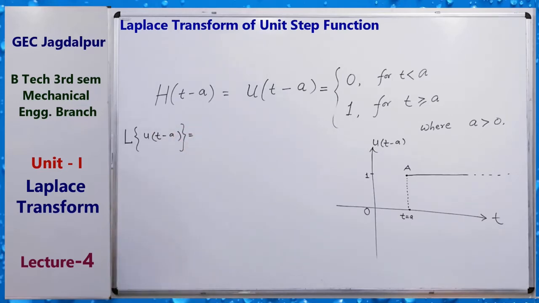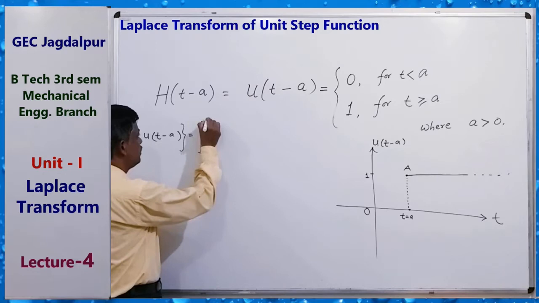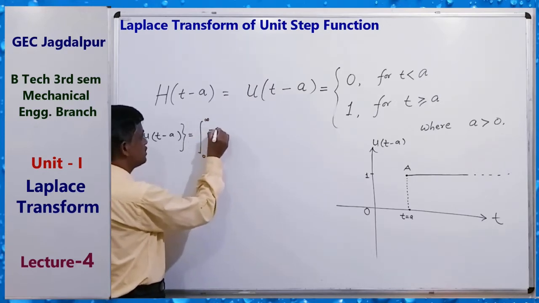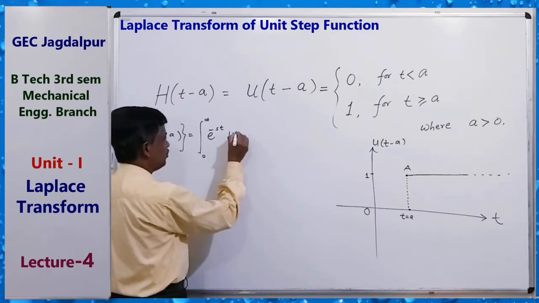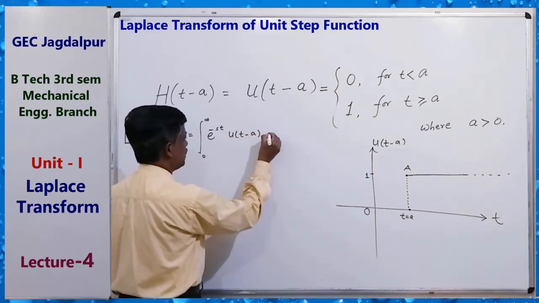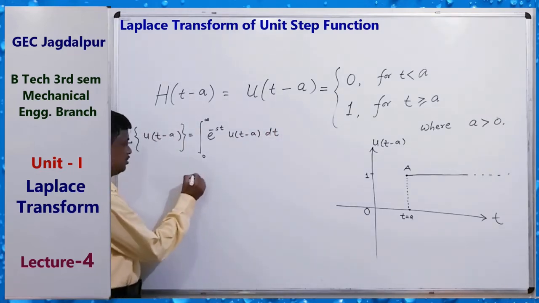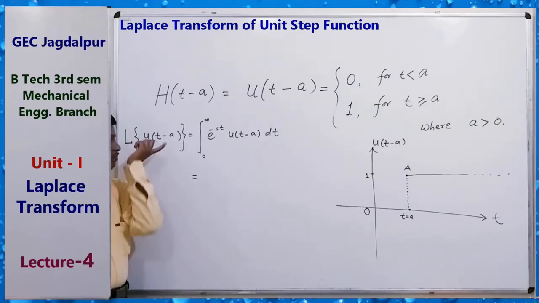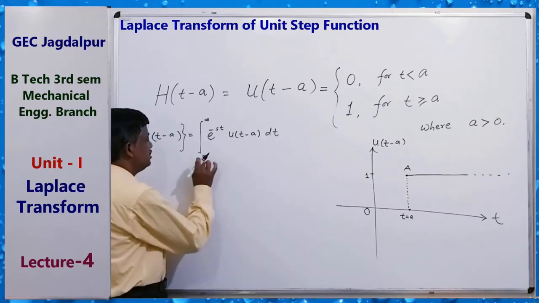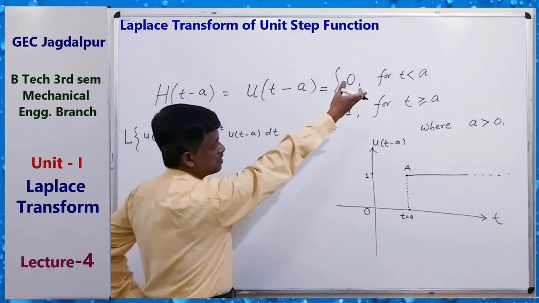We know L{f(t)} equals the integral from 0 to infinity of e to the power minus st f(t) dt. In place of f(t) we put u(t minus a) dt. So just see what the Laplace transform of the unit step function is. Here the integral is from 0 to infinity, and t is always positive.